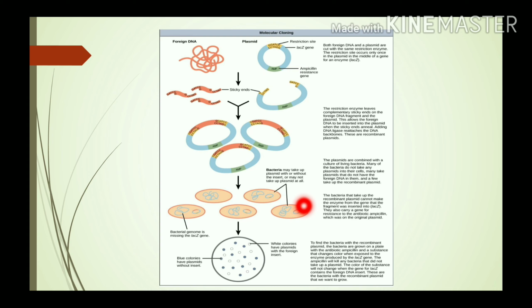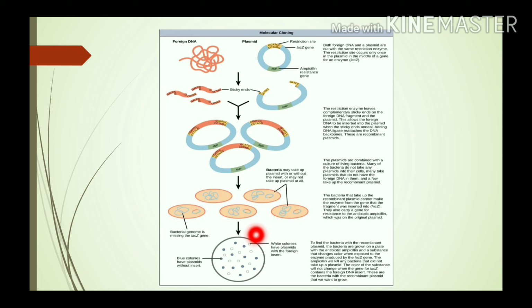So to select the bacterial cells having the plasmid with a foreign DNA insert, we will take up two techniques. One is insertional inactivation of an antibiotic resistance gene, and another one is insertional inactivation of the gene coding for a chromogenic substrate.